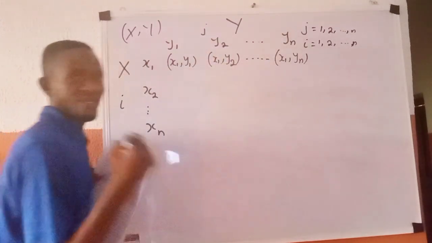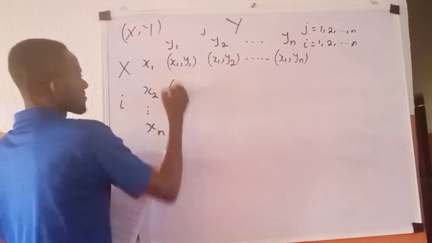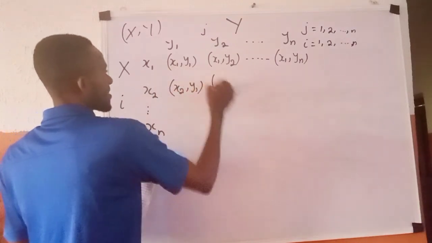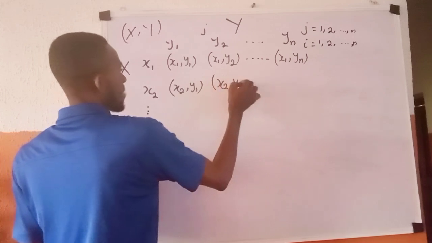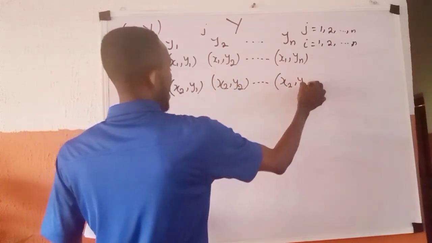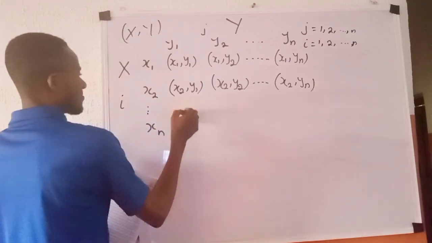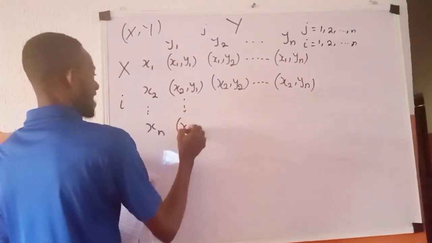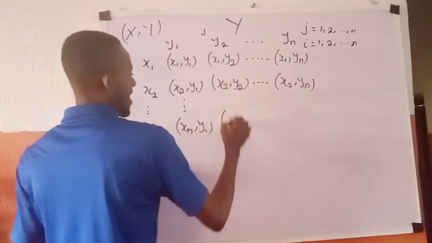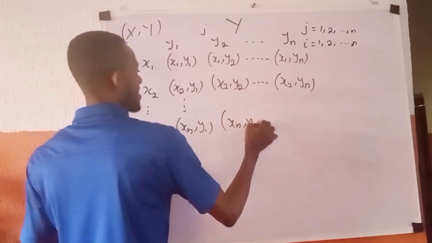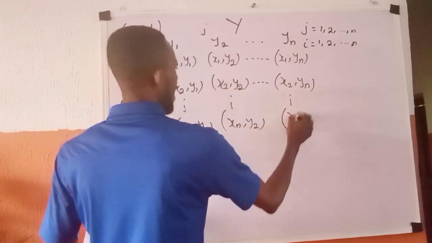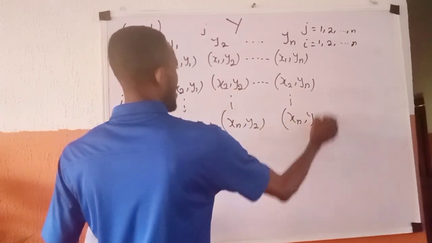Then equally when it comes here, it takes a value (x2, y1), (x2, y2), down to (x2, yn). Then down to (xn, y1), then (xn, y2), down to (xn, yn).